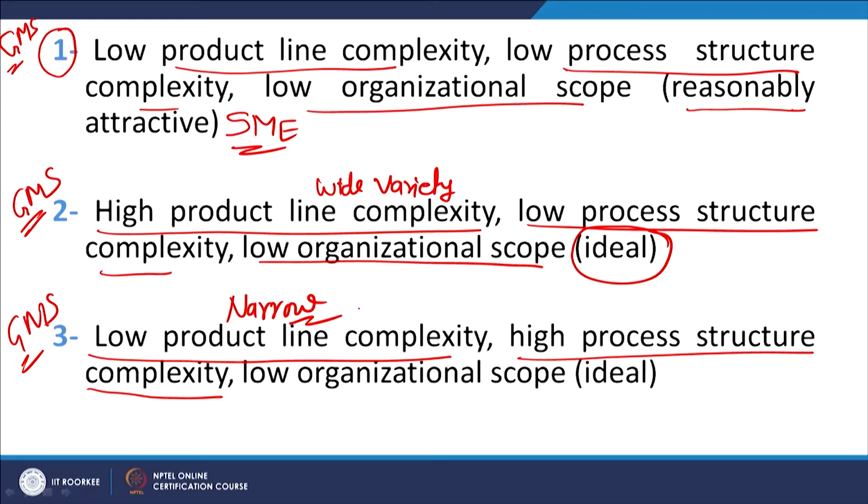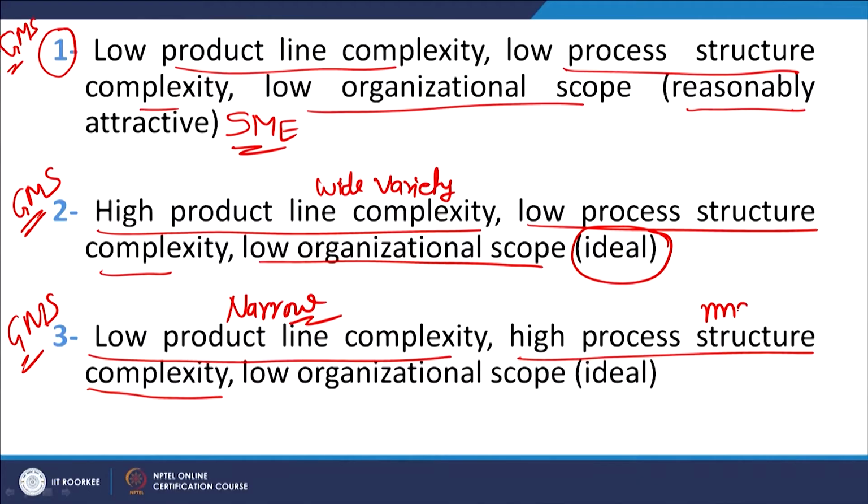You are producing some limited number of products, and these are either in their maturity stage or their volume is maybe high, but consistent volume is there. So, there is no fluctuation in the volume of the product. Therefore, you have low product line complexity, and high process structure complexity says that these production systems are mature.